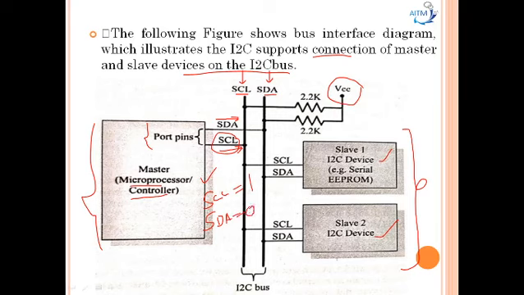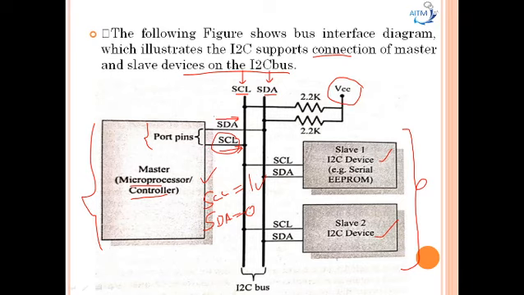When the SCL line is equal to 1 and SDA goes low, this indicates the start condition of the data transfer. Now the master wants to transfer data to a slave device. The master has to find out to which slave the data has to be transferred, so the master device sends the address of the slave device it wants to communicate with over the SDA line.